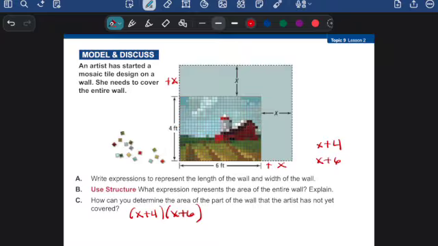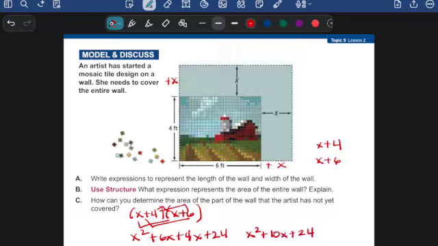Okay, and we know how to do this. Multiply using the FOIL method, or you can use an area model. X times x is x squared. X times 6 is 6x, plus 4x, plus 24. So our expression would be x squared plus 10x plus 24 to represent the total area of the wall.